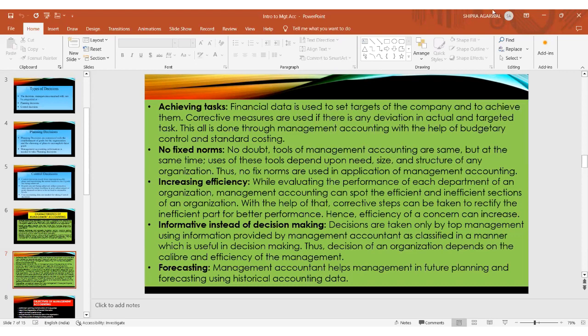See, when we are talking about the planning part, planning involves, that means you have to forecast the future, right? Planning can be done that way only. So for that matter, the management accountant will help the management in future planning by providing the required data. That means the required data is the historical data. That means the previous year data is used to plan for the future.